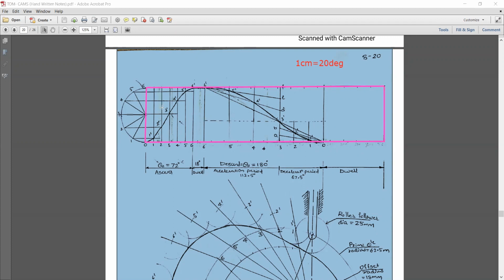Make this box complete and mark 20, 20, 20 degrees everywhere. 18 dots you have to mark here.